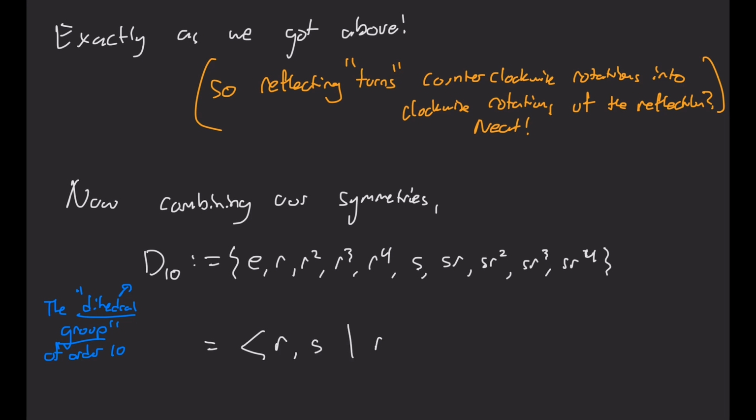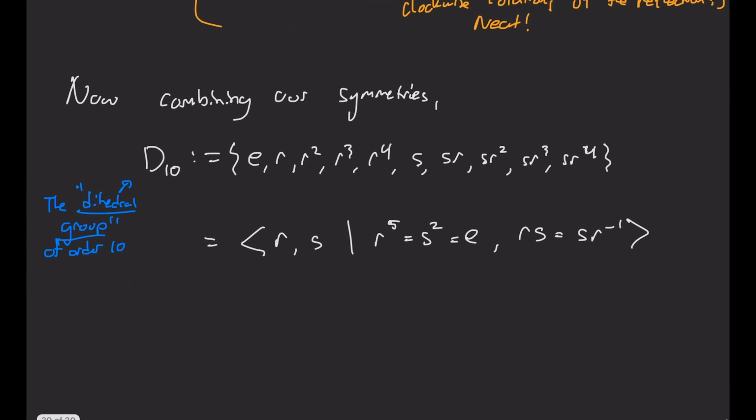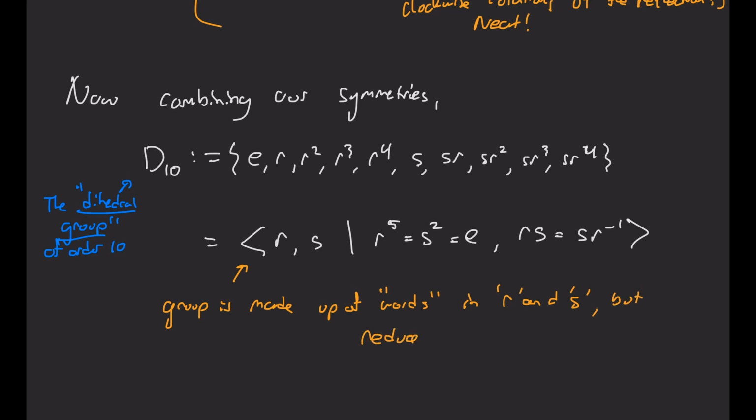But we're lazy, so we usually write it in terms of generators. So these angled brackets mean that it's generated by R and S with these relations. So all the words made up of R and S, but simplified by R to the 5 equals S squared equals E, and RS equals SR inverse.